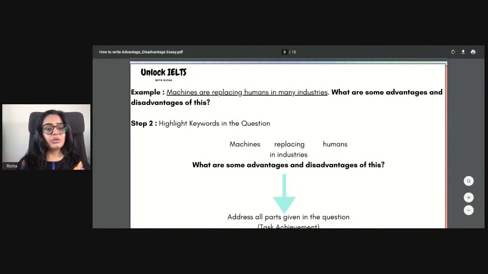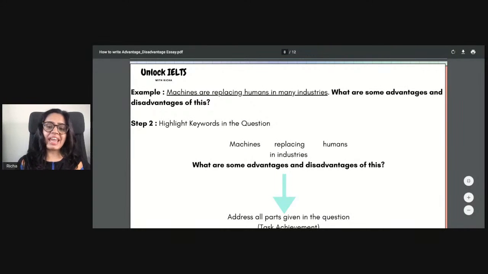Now comes step two: you should always highlight the keywords in the question. In this question, the whole statement is important to keep in mind while writing an essay. So I have highlighted the keywords for you. Why is highlighting the keywords, or step 2, important? Because your task response criteria is actually based on this.